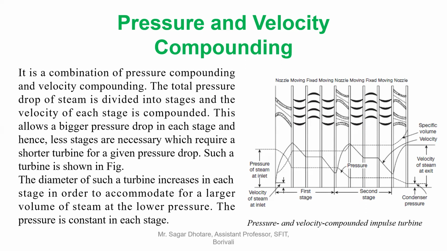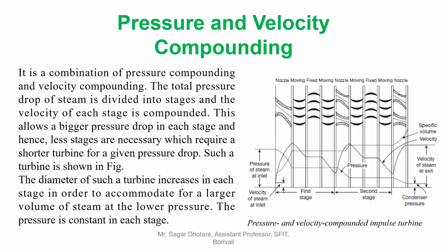In the first set of nozzles, there is some decrease in pressure, which gives some kinetic energy to the steam, and there is no drop in pressure in the two rows of moving blades and the first row of fixed blades. In the second set of nozzles, the remaining pressure drop takes place and the velocity gets increased.